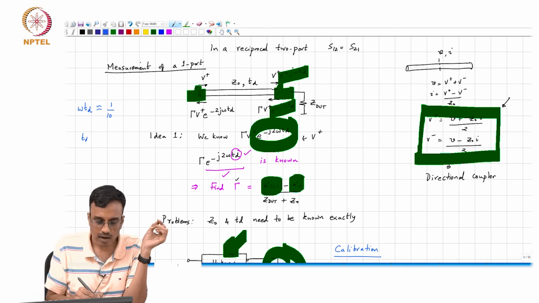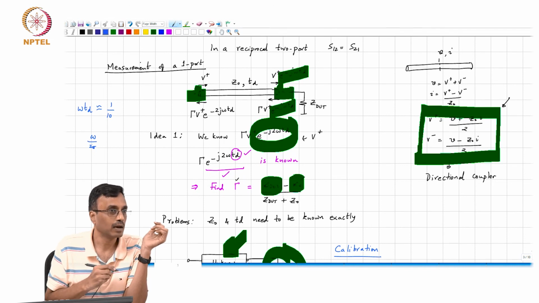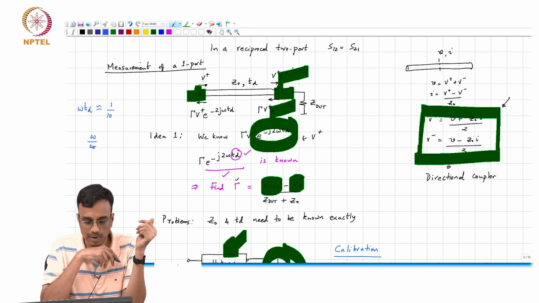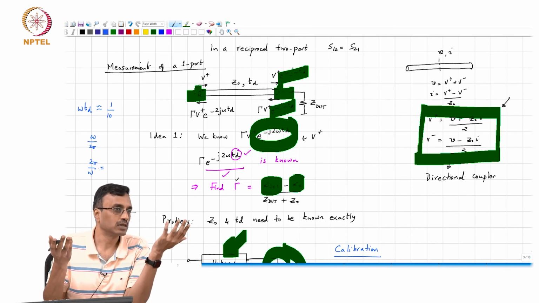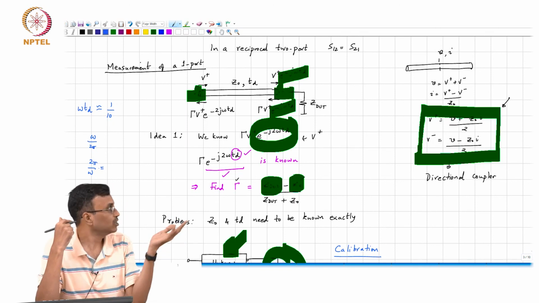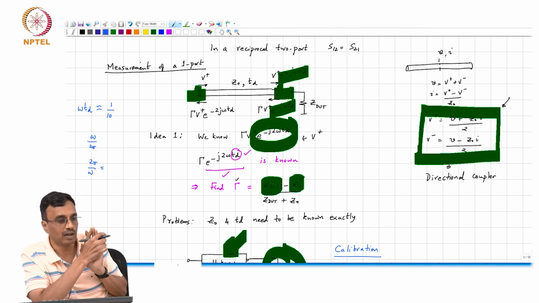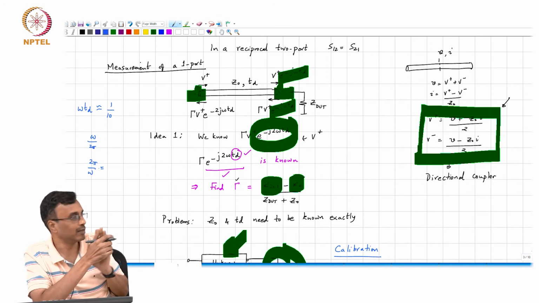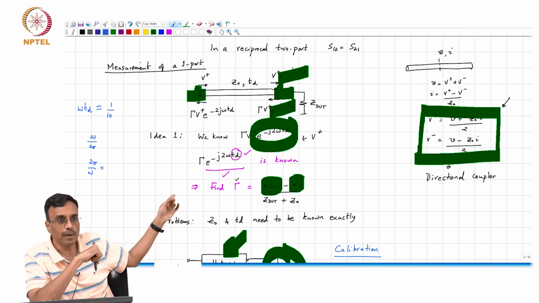Remember that frequency is nothing but omega by 2 pi, and in 2 pi over omega seconds, the wave will move by how much? One wavelength. So this Td, which is related to the physical length of the cable, is eventually related to the wavelength of light at that frequency.